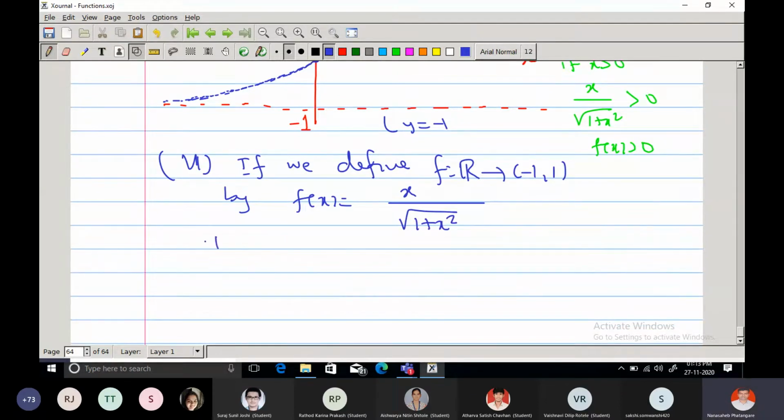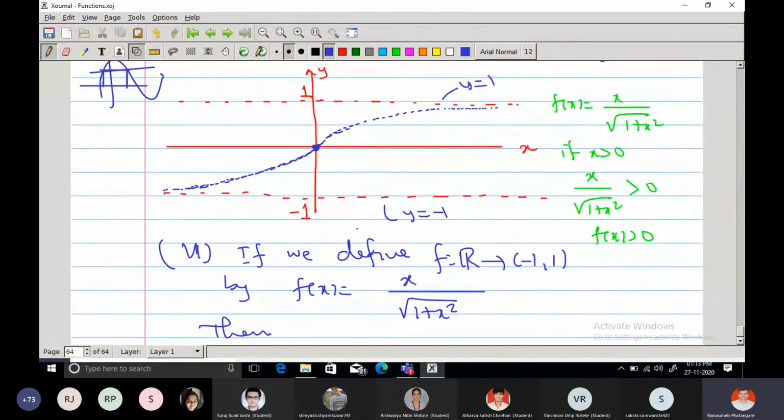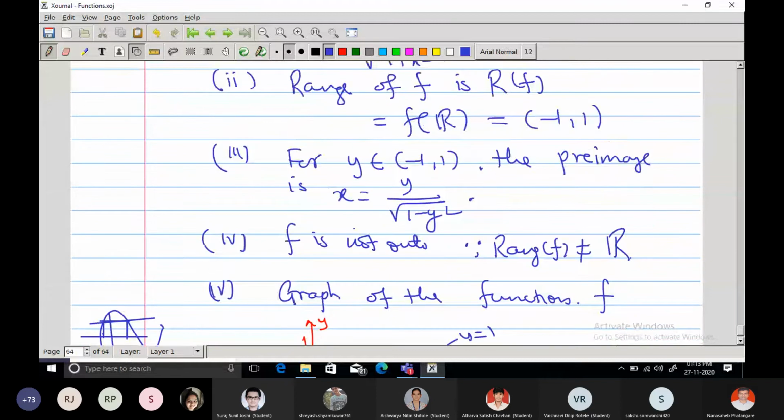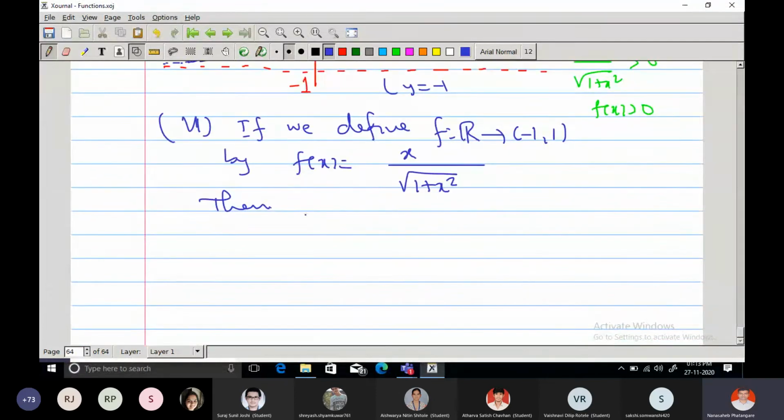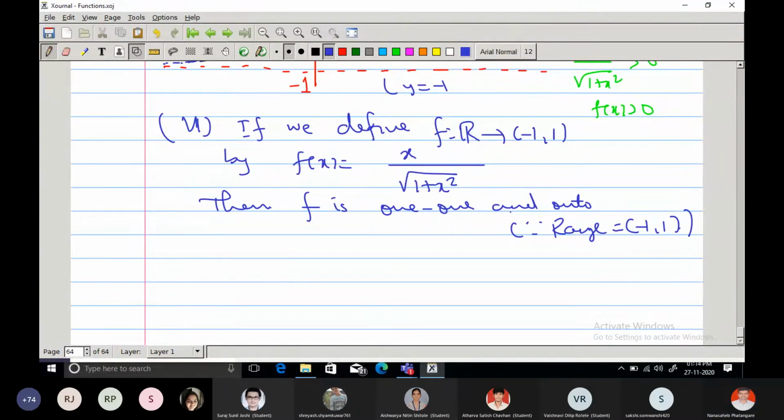It is 1-1 and onto. 1-1 is already proved, and onto because the range is the entire codomain. Therefore, every point in -1 to 1 has a preimage. So the function is onto, and hence f is a bijection.